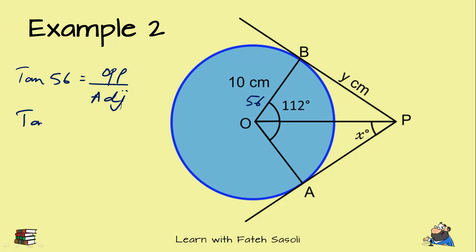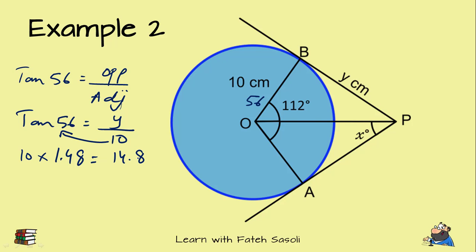Let's put in the values: y over 10 centimeters. This 10 will multiply with the value of tan 56, and tan 56 comes up to 1.48, so when multiplied, it's 14.8. So y was 14.8 centimeters.